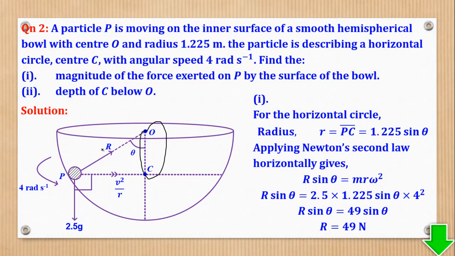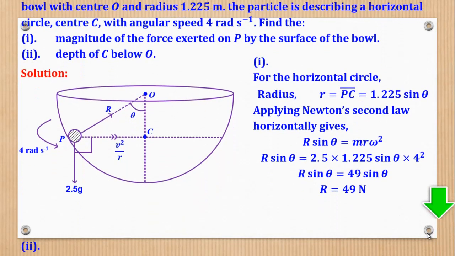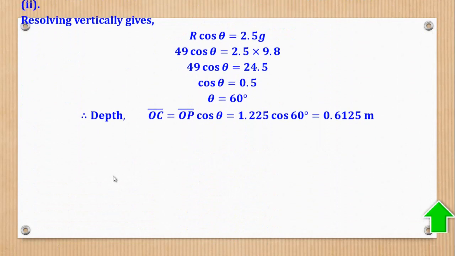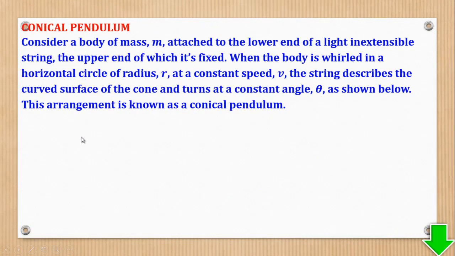So you resolve this length vertically. It will become 1.225 cos theta, which will be equal to that, and that's what they wanted. That was motion in a horizontal circle.